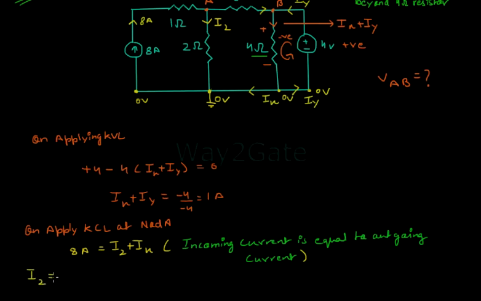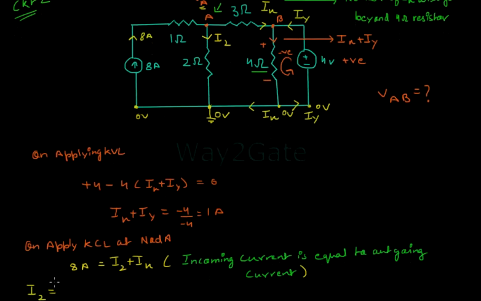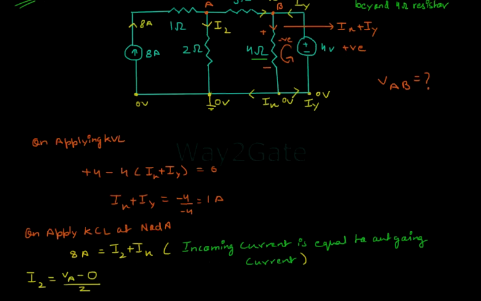Current due to potential difference between node voltage VA and ground is equal to VA minus 0 divided by 2 ohm resistor.